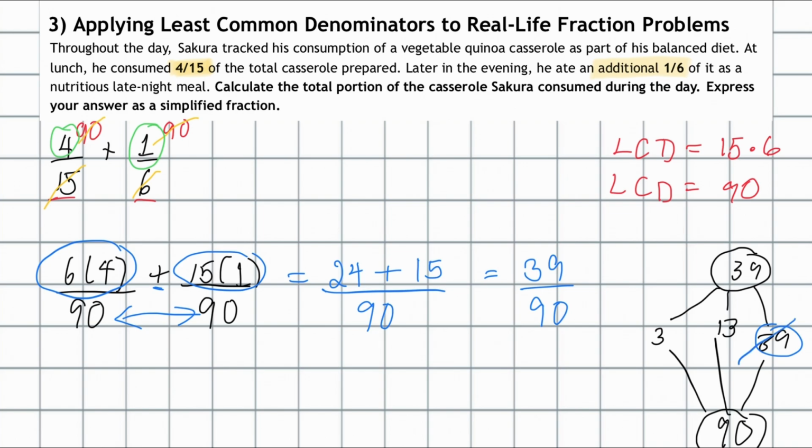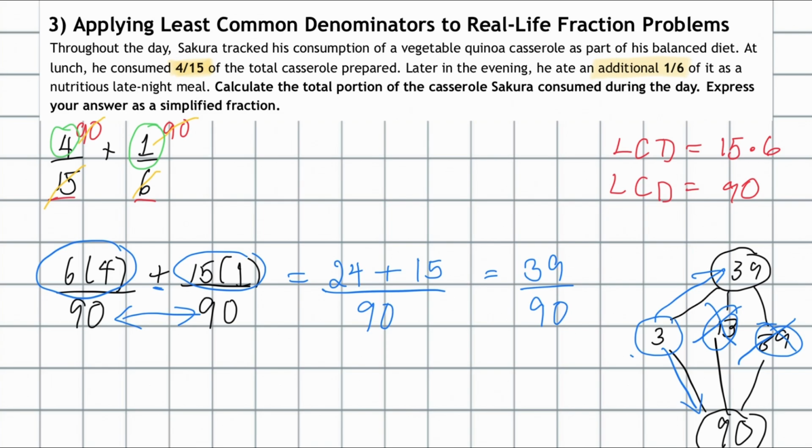So I'm going to put an X. I'm going to divide 90 by 13. That's another fraction, so that won't work either. And finally, I'm going to divide 90 by 3. That's going to give me 30. So this number, 3, divides 39 and also divides 90.